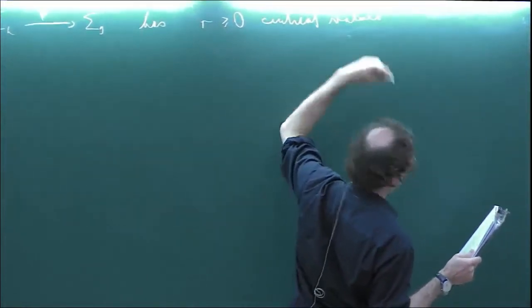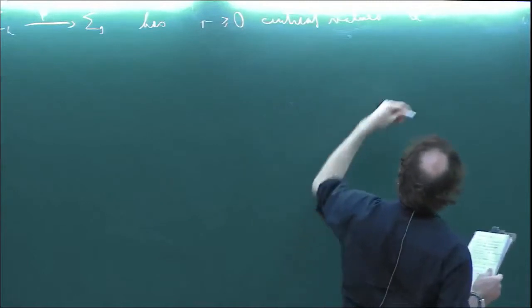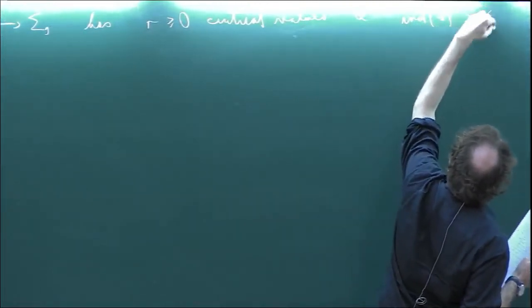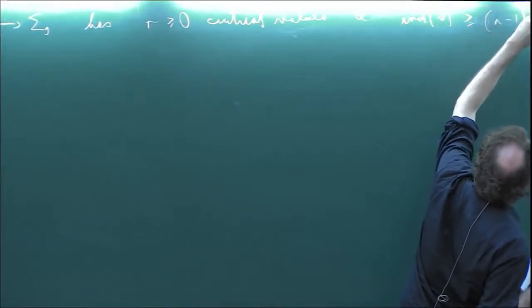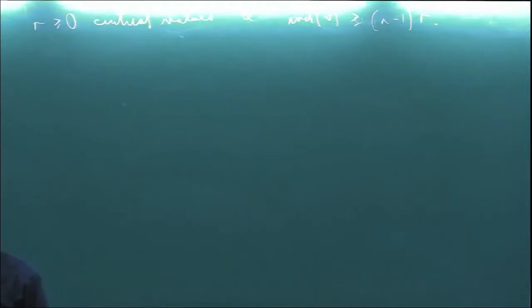And maybe it happens to be true that the index of v is greater than or equal to n minus 1 times that number r. Okay, so that's just a condition. Let's see what we can deduce from that.